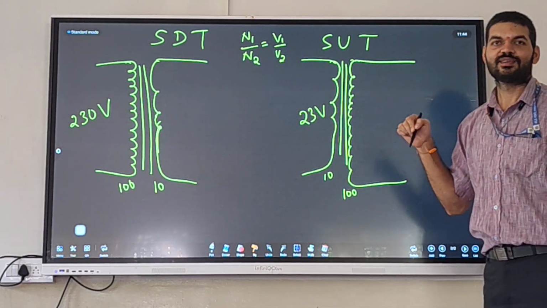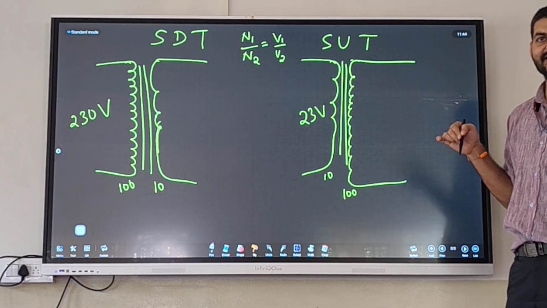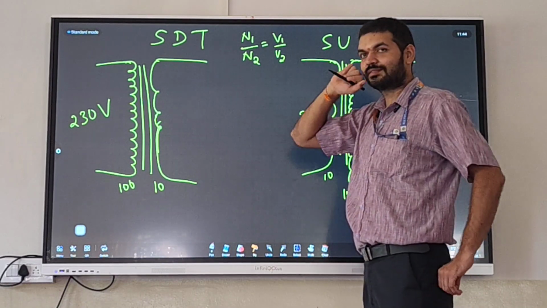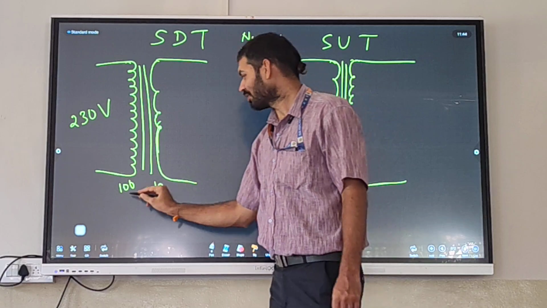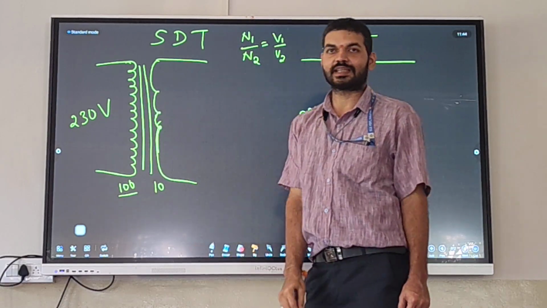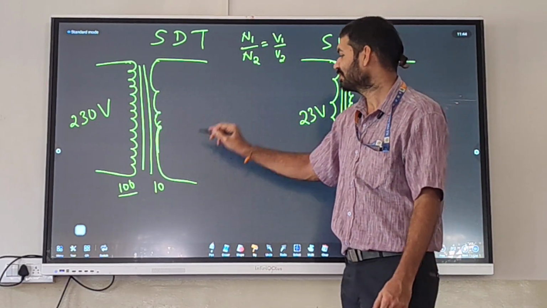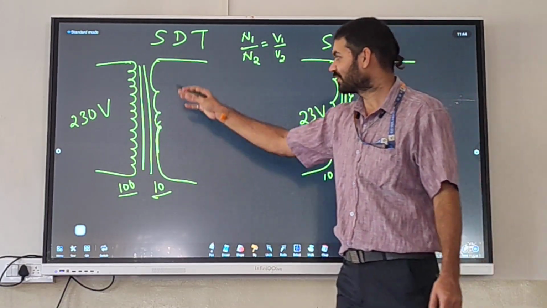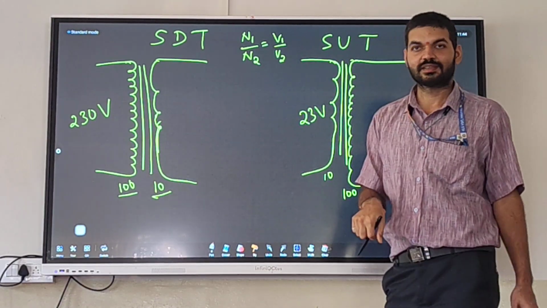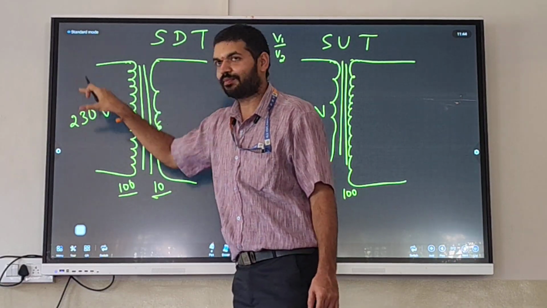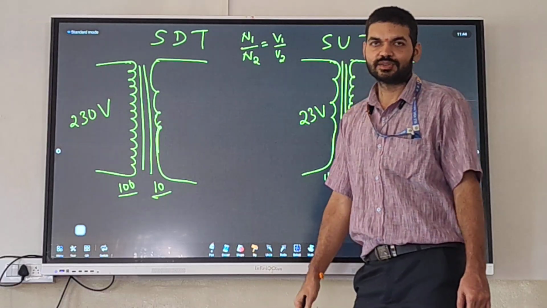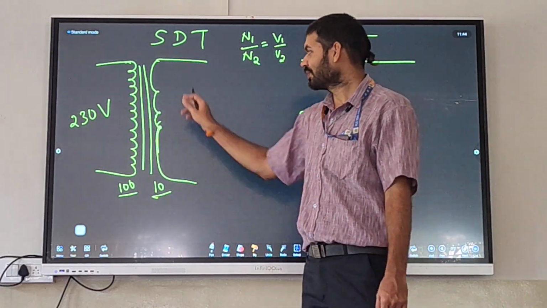So what is N1? Number of turns in the primary side of the transformer. N2, number of turns in the secondary side of the transformer. V1, voltage at the primary side. V2, voltage at the secondary side. So if you equate that, what will you get here?